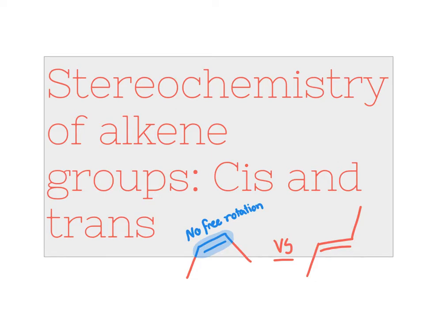So the two structures that we have shown on the left and the right, those would be different stereoisomers of one another, because if we look at them both, they have the same IUPAC name of 2-butene, but they differ in how those atoms are oriented in space, and due to the fact that we can't rotate freely around the carbon-carbon double bond here on the right or here on the left, those molecules are essentially stuck in that particular configuration.